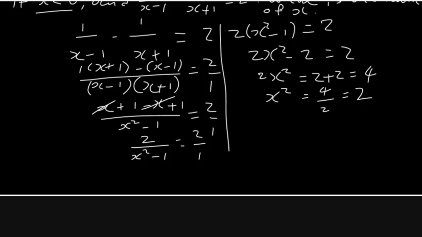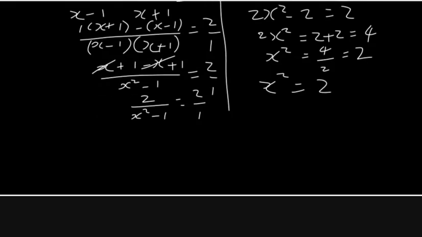So at this point, we remember that x squared is equal to 2. We need to take the square root of both sides. Anytime you're taking the square root of both sides, note that you write plus or minus. So x is equal to plus or minus root 2. Simple.